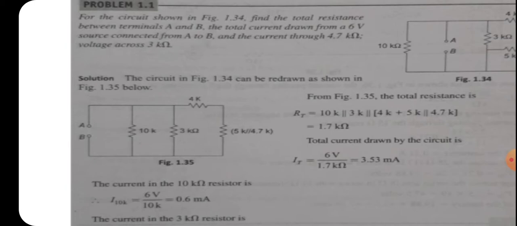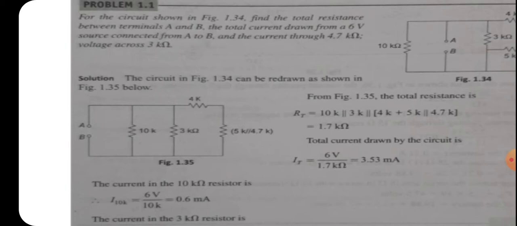What is 1.7 kilo ohm? It is the total resistance RT. Therefore, we got IT equal to 6 volt divided by 1.7 kilo ohm, that is equal to 3.53 milliampere. These two values we found out: RT, the total resistance, and the total current IT.